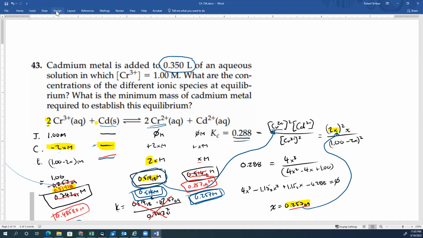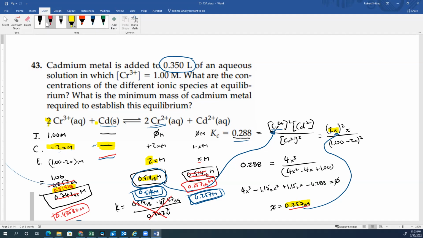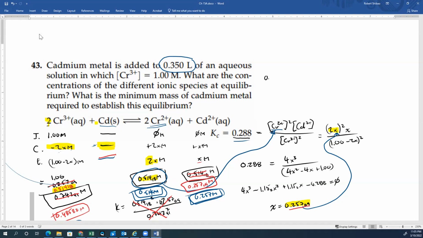We can just use regular Chem 1A style stoichiometry for this particular problem. And so I am going to lose 0.51418 molar chromium 3 plus consumed.